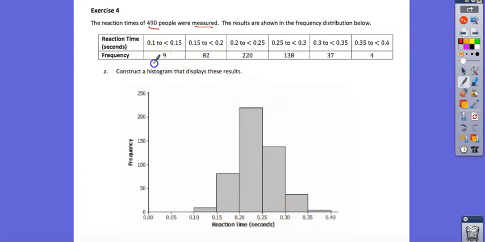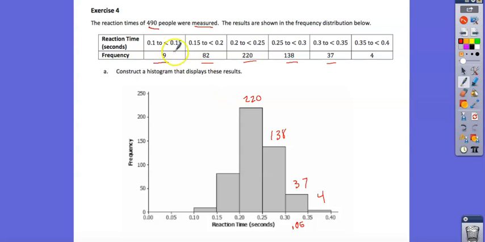I hope that based on these numbers you can see this. So this would be the 220, 138, 37, and 4. And between the 0.30 and the 0.35, you're looking at 0.05.